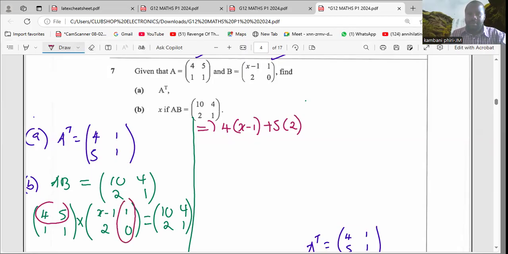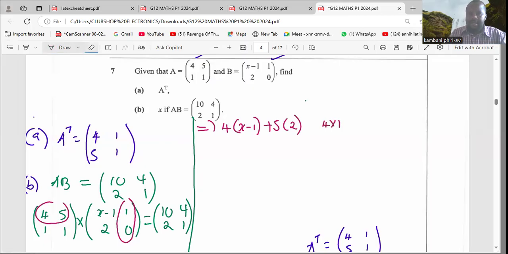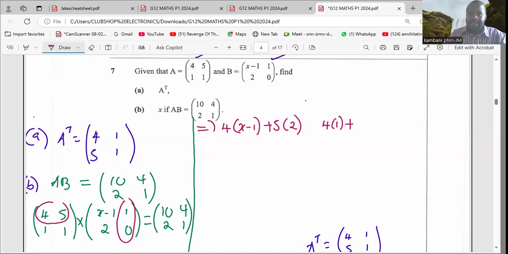So 4 by 1, or we can maintain our brackets here, plus 5 by 0.